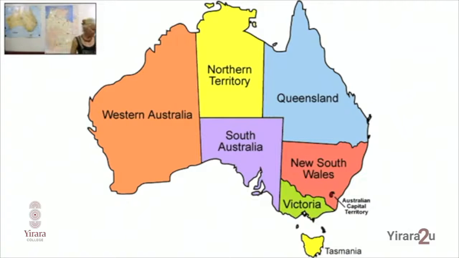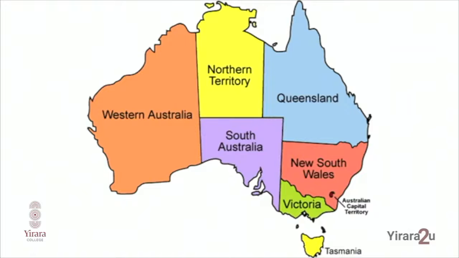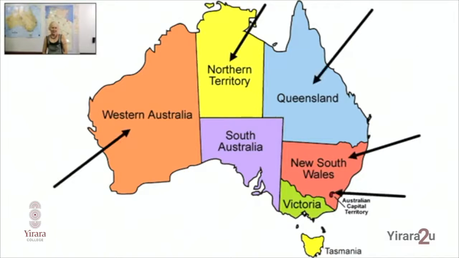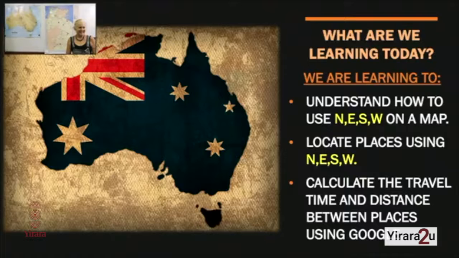Now, on the next few slides you'll be looking at, it'll give you a little bit of an impression of how far away we are from everywhere here in Alice Springs, and how far away Alice Springs is from your community, perhaps. On slide number 2, 3 and 4.